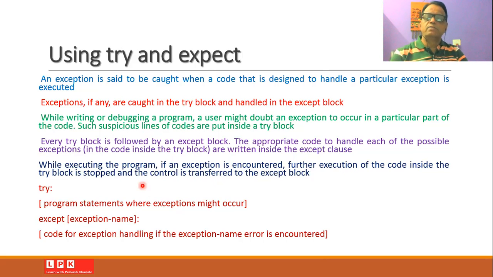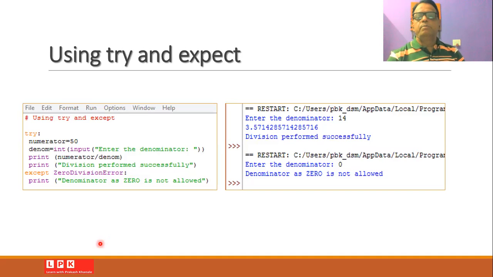The general syntax for using try and except is like this: try colon, and then we write the statements of the program where the exceptions may occur. Then we write except, followed by some exception name and colon, and then we write the code for handling such an exception. For example, we will write a small Python code using try and except.